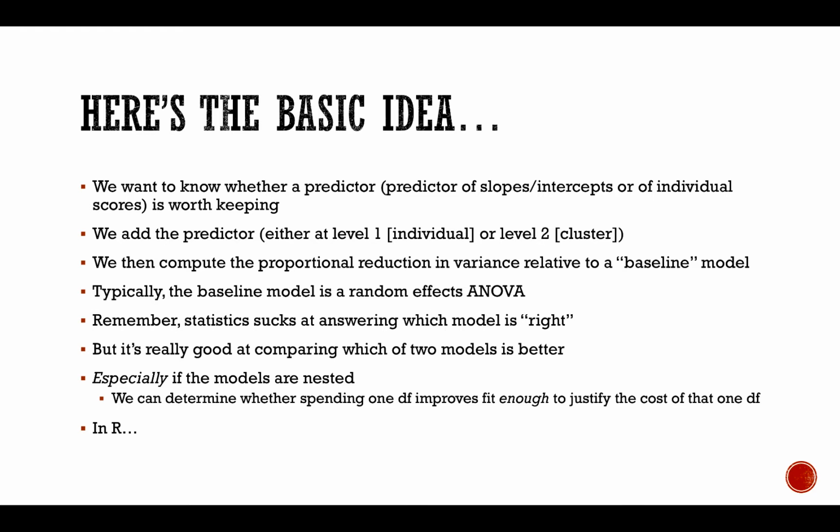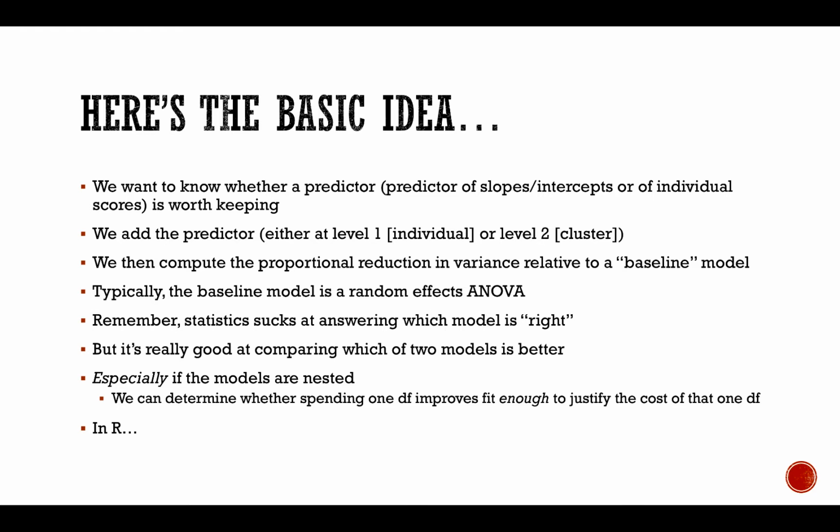And so what we want to do is add a predictor, either at level 1, which is the individual level, or at level 2, which is the cluster level. We then compute the proportional reduction in variance relative to a baseline model. For example, we usually use as the baseline model a random effects Anova. You remember that is the model without any sort of predictors.